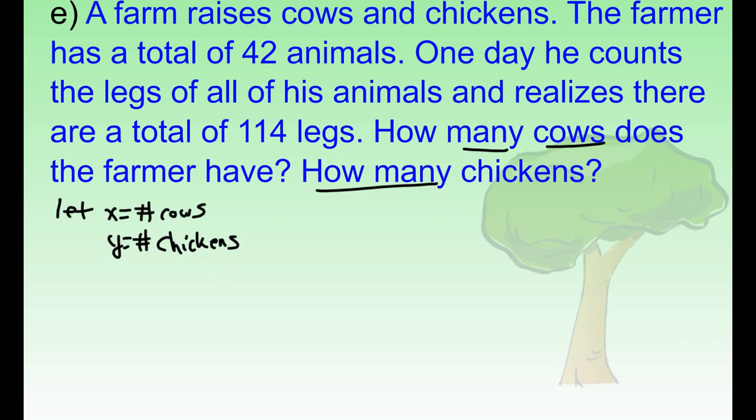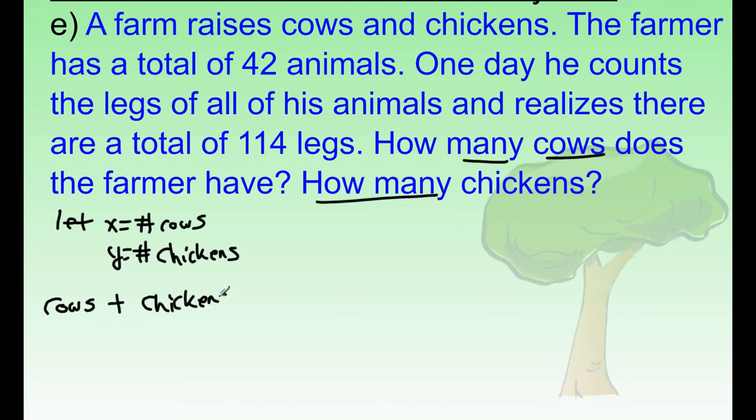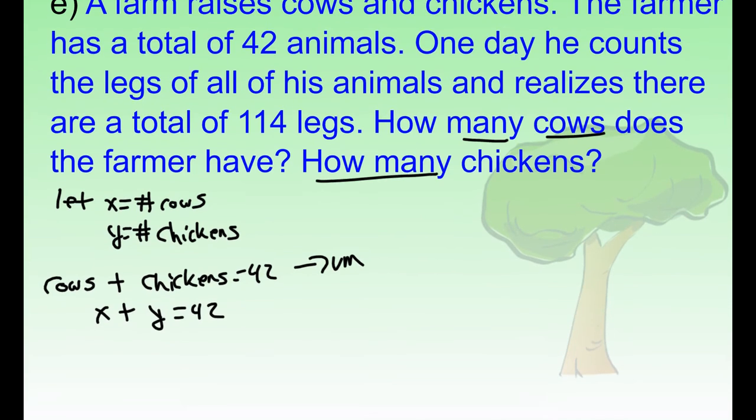So my verbal models are, the farmer has a total of 42 animals. So the cows plus the chickens equals 42. Verbal model, cows plus chickens is 42. One day he counts the legs of the animals and realizes there's a total of 114 legs.